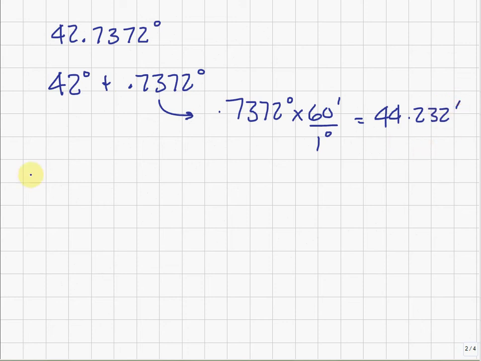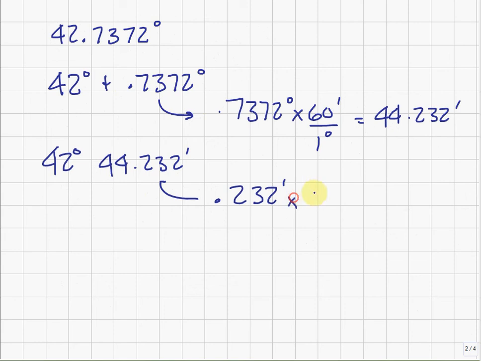44.232 minutes. My angle now looks like 42 degrees, 44.232 minutes. Now I want to roll those decimal minutes into seconds, and so I'm going to take just that portion, 0.232 minutes.